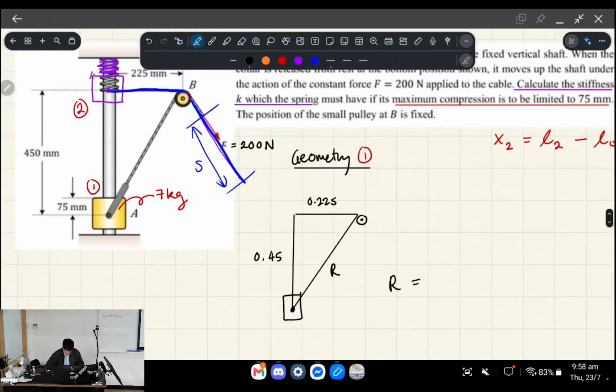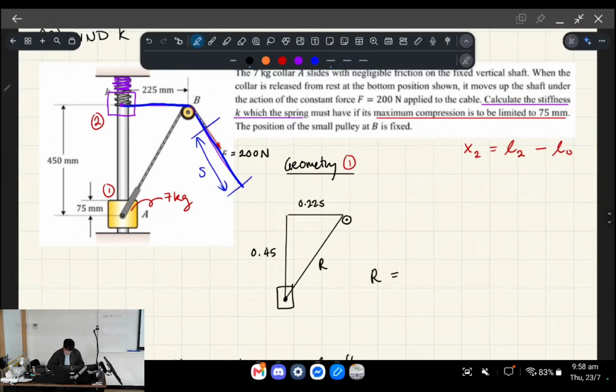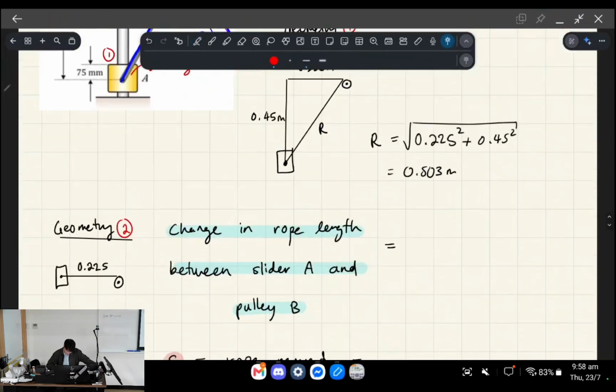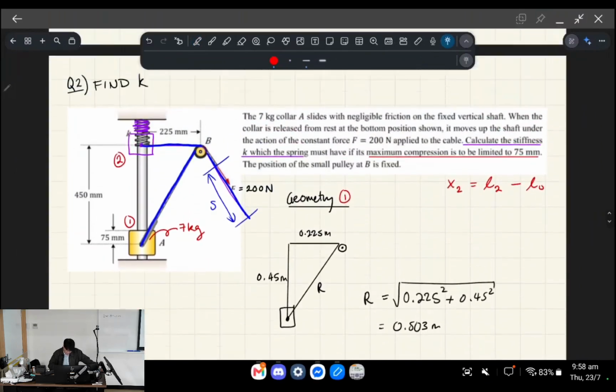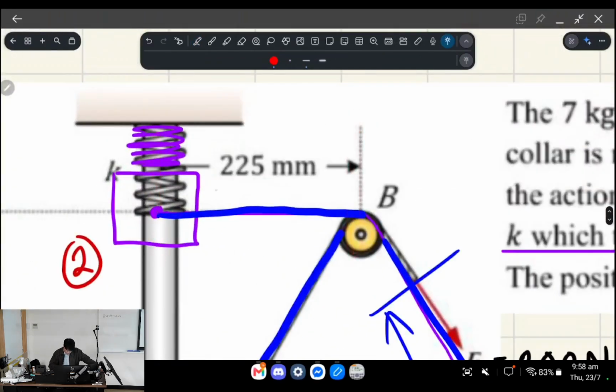We're going to analyze the geometry. So we're looking at state of energy 1. Let's call the hypotenuse R, okay? And we know this is the geometry in meters of the side lengths of that triangle for state 1. So R is the square root of the two side lengths of the triangle squared and added together, giving us R is this. So that was this length here. All right, so in state 2, the rope is simply 225 millimeters, which is 0.225 meters.